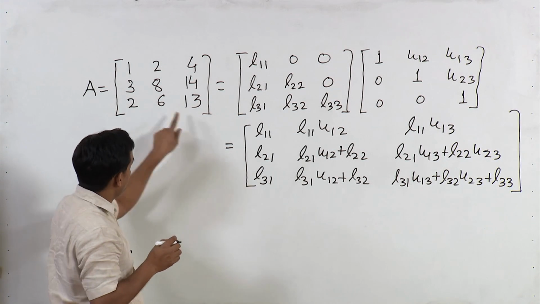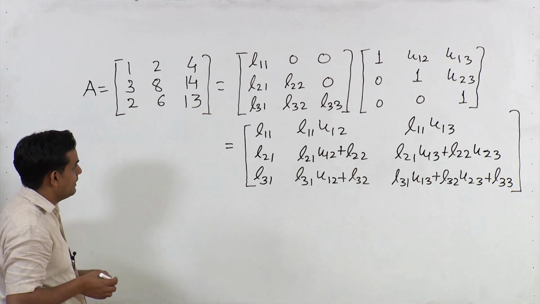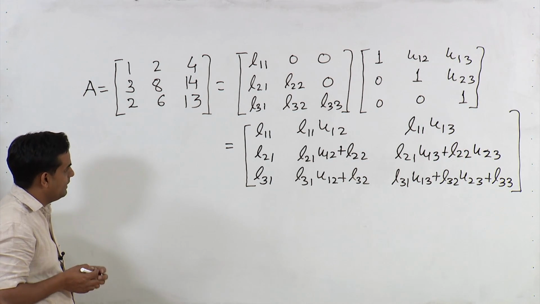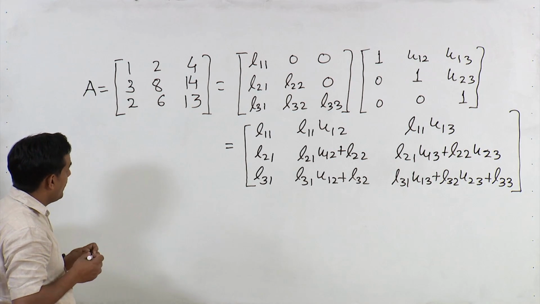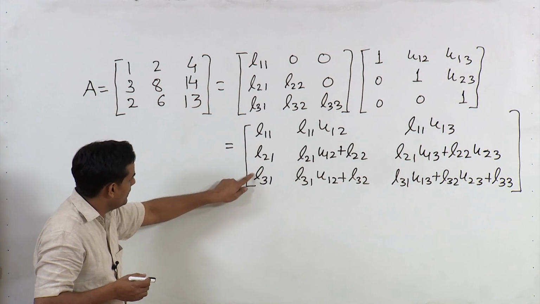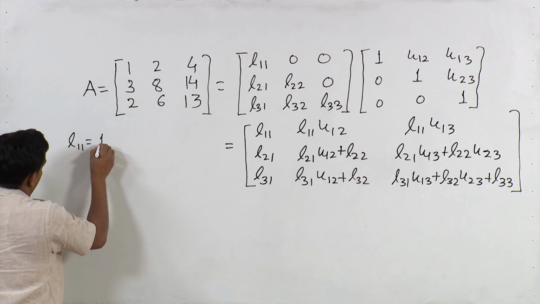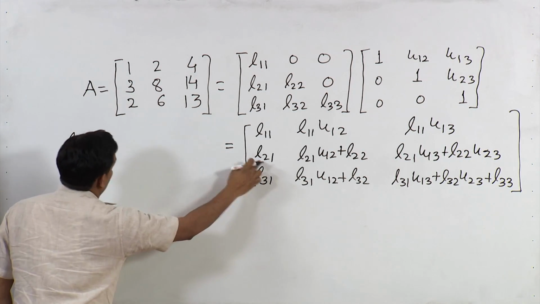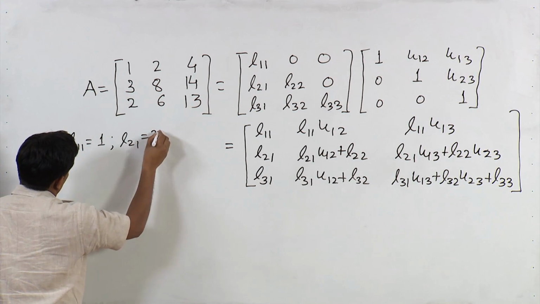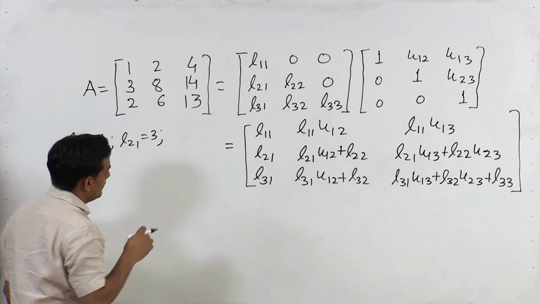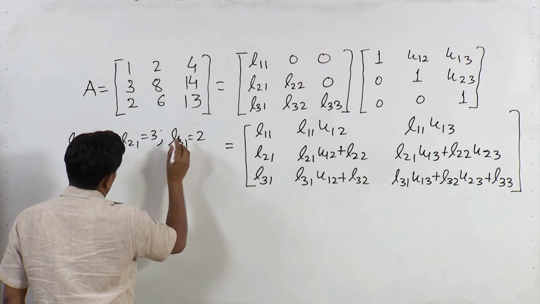Now, comparing these two matrices, the comparison will be done based on the strategy I explained earlier. Initially we will compare the elements of the first column. Comparing them, I get L11 equals 1, L21 equals 3, and finally L31 equals 2.